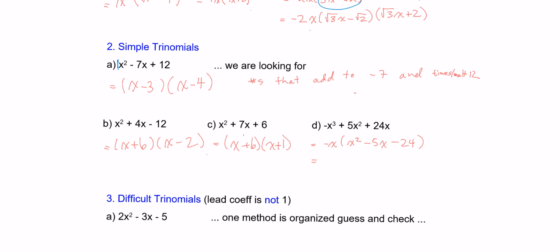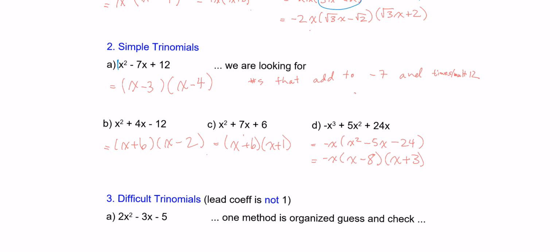So, let's go and do this. Negative x, well, 8 and 3 multiplies to 24, so I'm going to take negative 8 and multiply by positive 3 to get negative 24, and then negative 8 plus 3 gives us what we want in the middle.